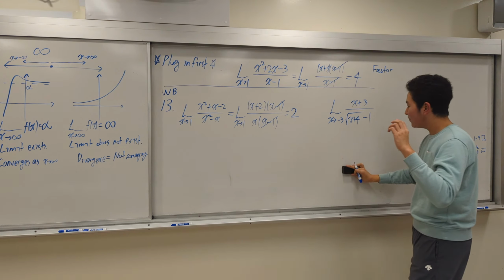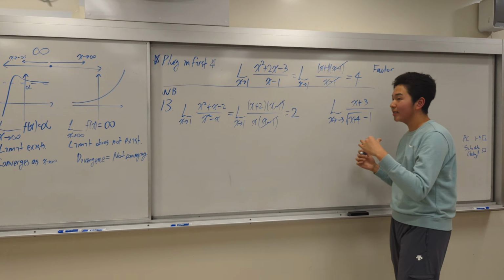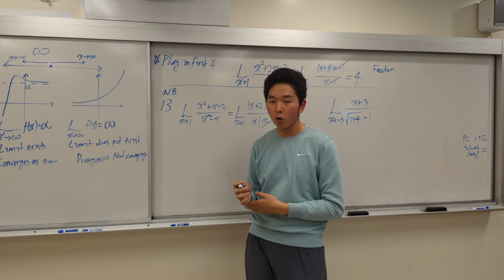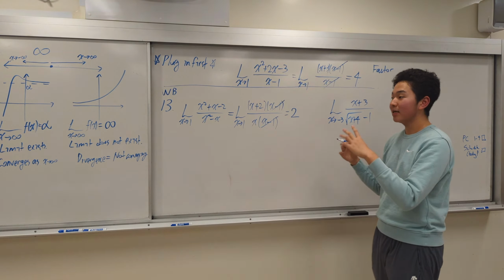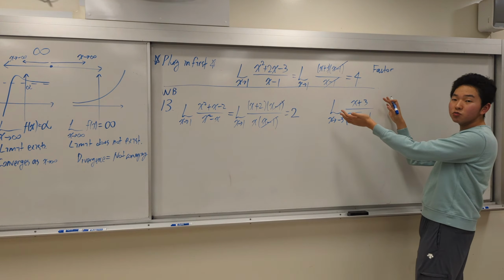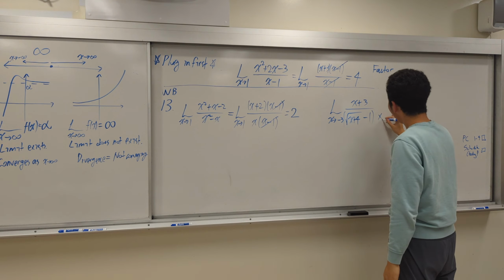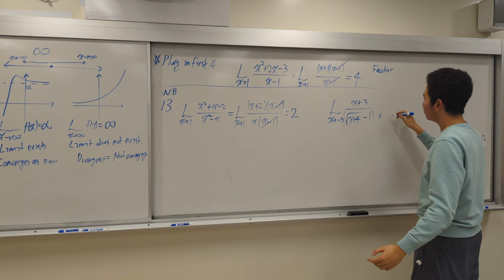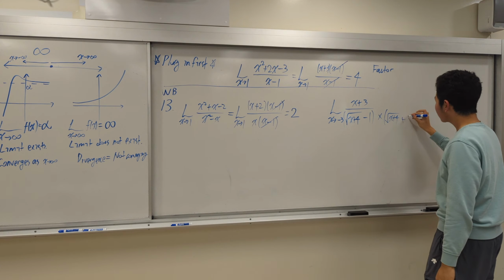So you should keep this in your head, is that if I have a 0 over 0 indeterminate form, and there's like radicals and roots involved, I should think about rationalizing whatever it could be, the numerator or the denominator, but I have to rationalize whatever part the square root, the radicals, are in. So what am I going to multiply? Square root of x plus 4 plus 1, right?